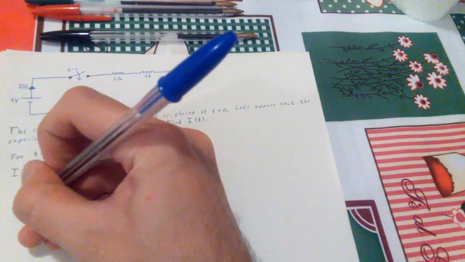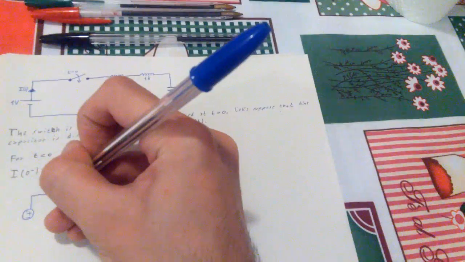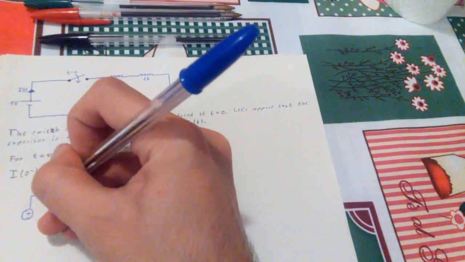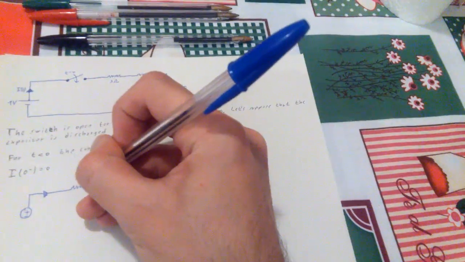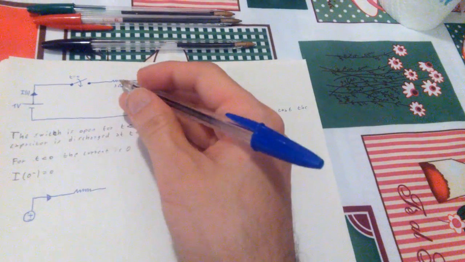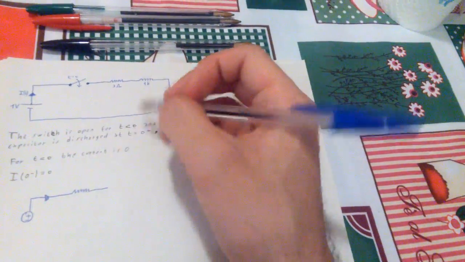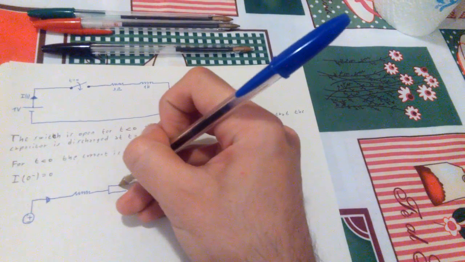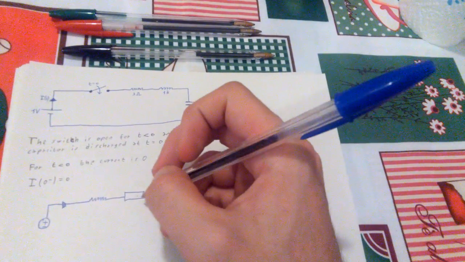So this is going to be my generator, plus minus. The current is going to flow this way. This is going to be my resistance, so this one is still this one. Now we're going to have the inductance, which is turned into resistance.